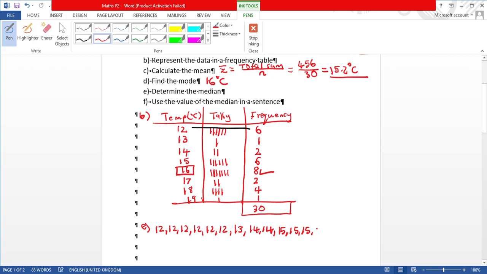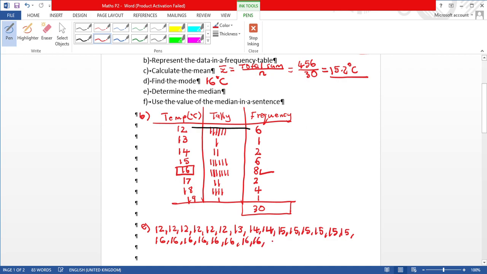And then we've got 8 16s. 1 2 3 4 5 6 7 8.